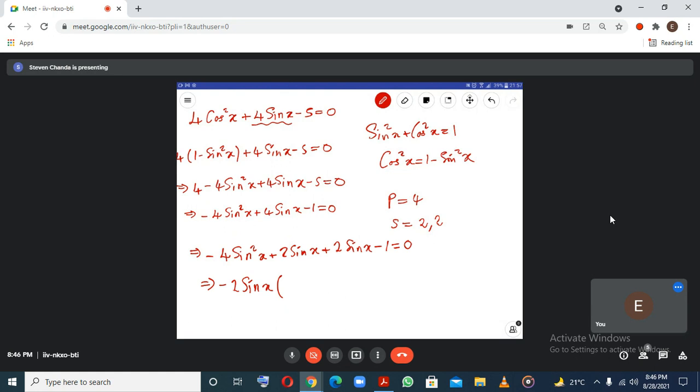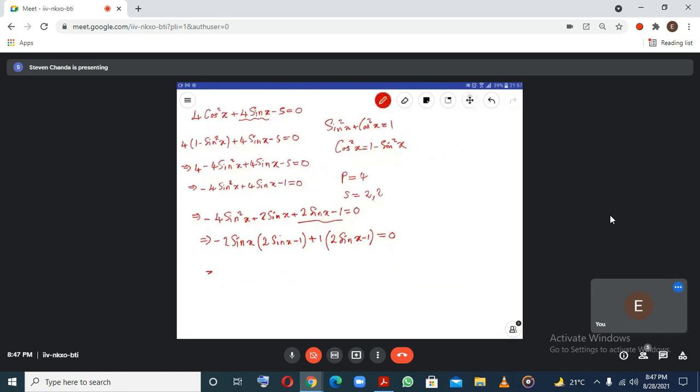Okay, so there you're going to have minus 1. Then here there's nothing that we can factor, so we just use a 1. You see those two things in those brackets are the same, so we are in good shape.